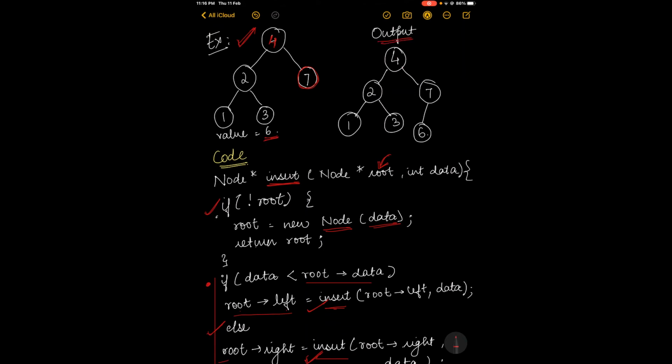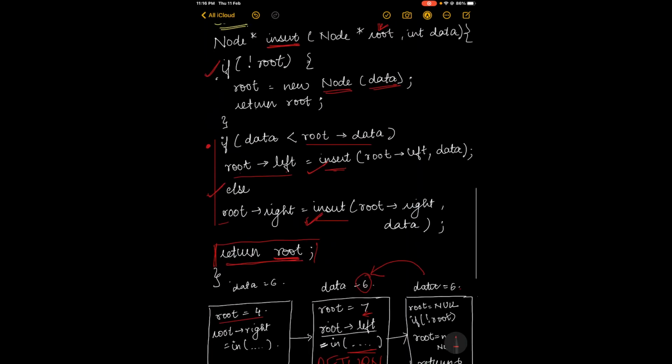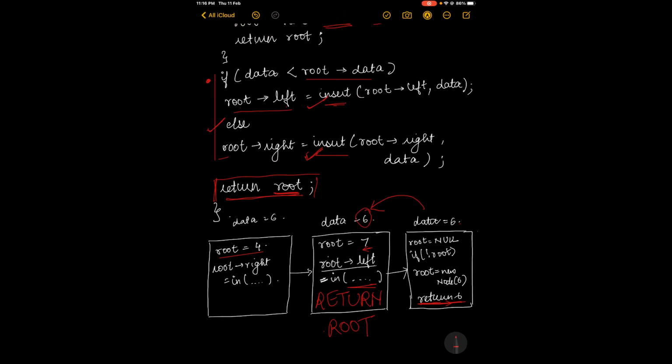As you can see here, the left child of 7 is 6. And once this statement is completed, we will move on to the next one, that is return root. From here, we'll be returning the actual root of the BST. So I hope this was clear, and let's now code the solution.